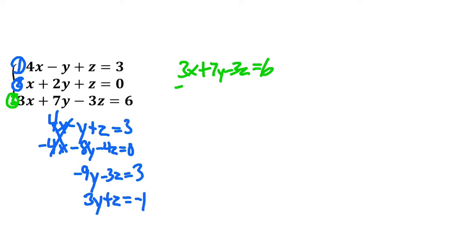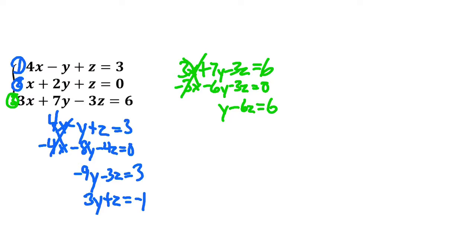So that becomes negative 3x minus 6y minus 3z equals 0. At that point, these cancel out. This becomes y minus 6z equals 6. So now we have our two equations: 3y plus z equals negative 1, and y minus 6z equals 6.